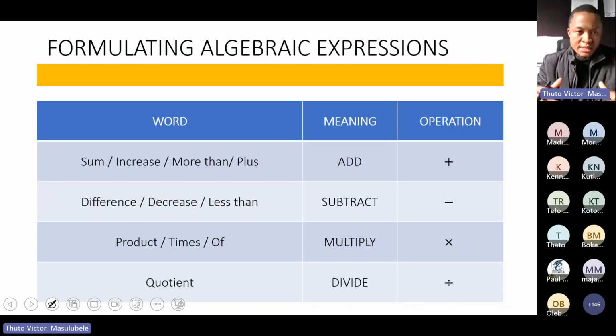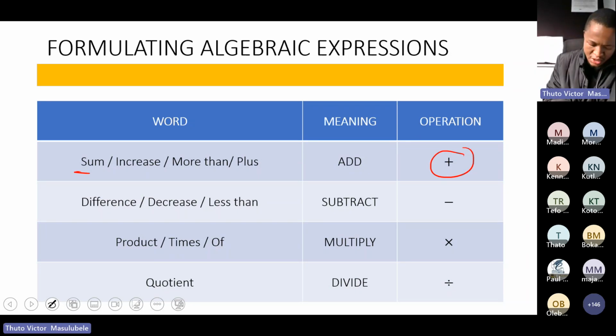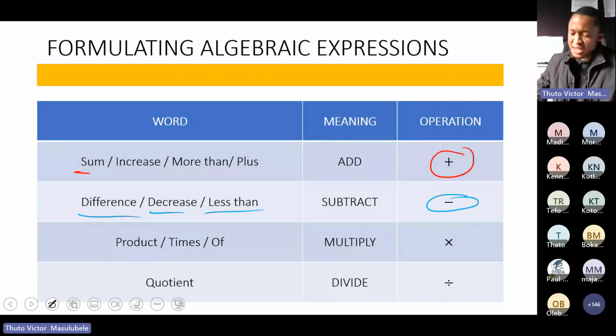Now, before we formulate algebraic expressions, we need to know which operation sign goes along with which word in a statement. So in other words, when dealing with the word sum or increase or more than or plus, the correct operation sign will be the addition operation sign. When we're dealing with the word difference or decrease or less than, the correct operation sign that we use in an algebraic expression will be subtract or minus.